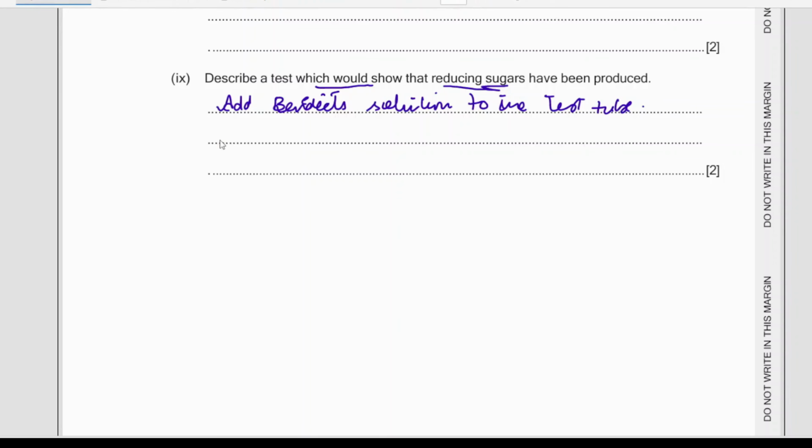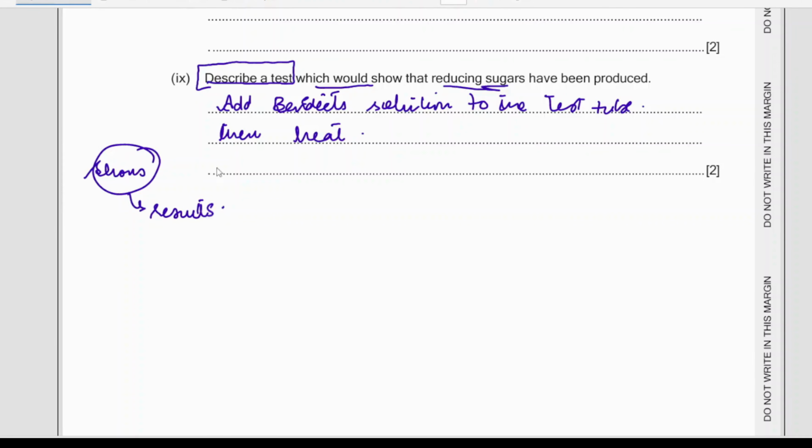Then, yes. So this is the description. So we have described it. If they have asked how the test shows it, then you have to give the results. Here we have to give only the description of the test.